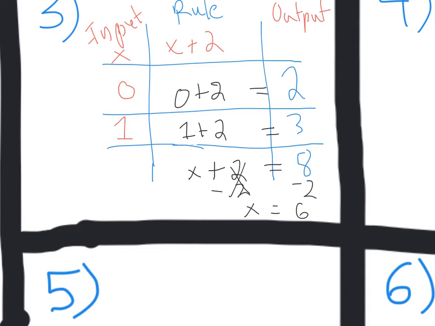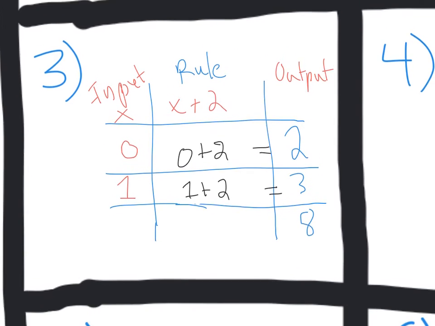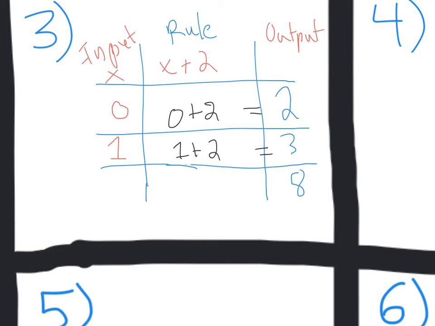Okay, so that means our input should have been 6 plus 2. 6 plus 2 equals 8, so our input here was 6. Alright, and that successfully completes that function table.